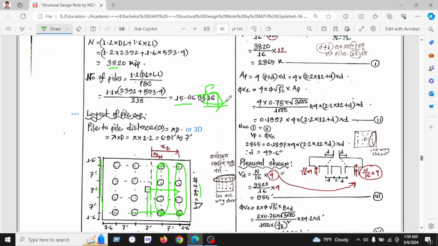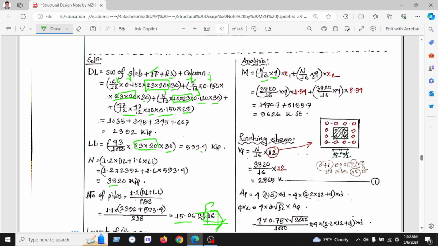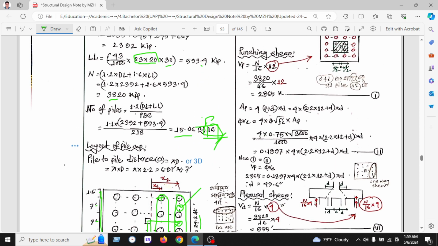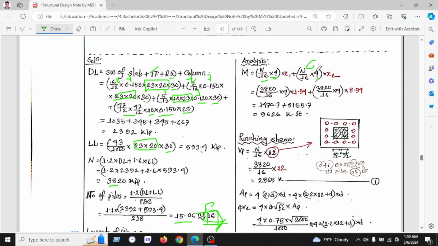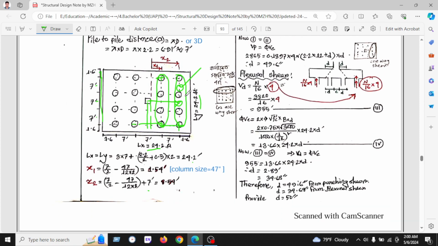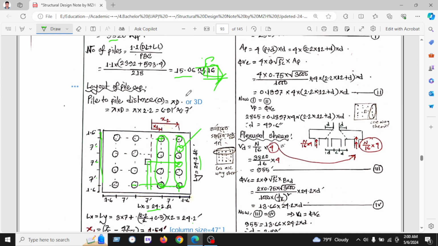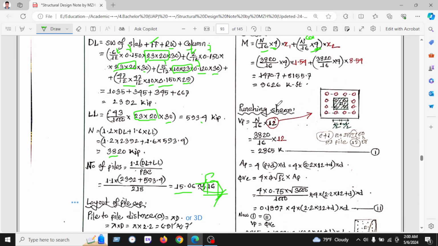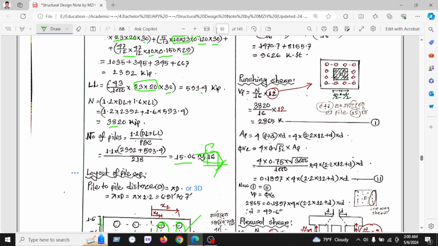Here 4 is not for the first row, this is the second row. If we get 6 piles, then we have to use 6 piles instead of 4. Okay, x2 is the CG of the second row of piles, and we found 9.626 feet. Okay, now we will check the punching of the column.